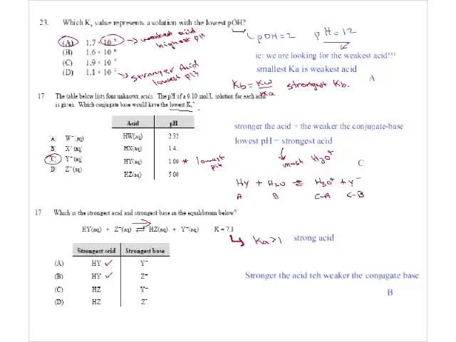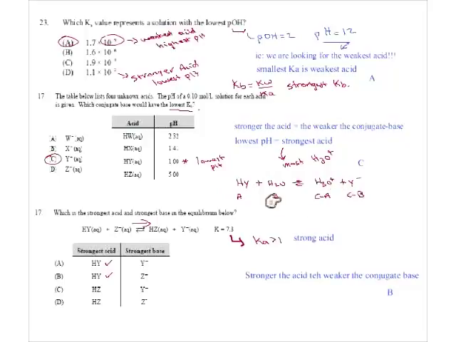So one of these guys is my answer. HZ would be the weakest acid. And we said the stronger the acid, the weaker the conjugate base. So if HY, as we did up above here, same sort of setup, if HY is the stronger acid, then that must be the weakest base.